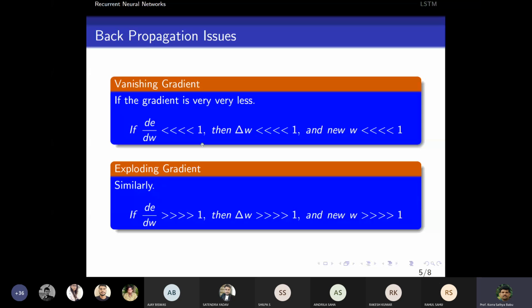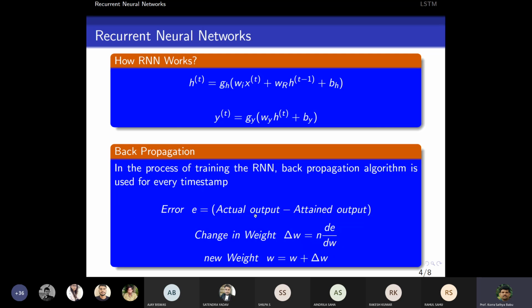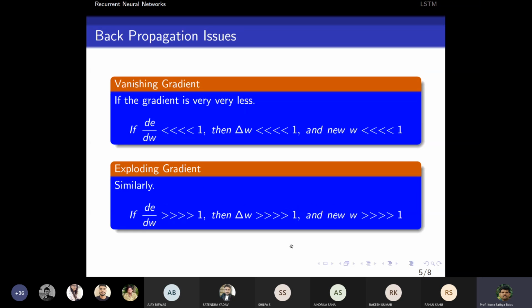Then as per the earlier equation, if this is less, then this multiplied by the learning rate, which will be 0.05 or something like that, will be very less. So this small value into this small value becomes delta W, so delta W will also be very less compared to 1.